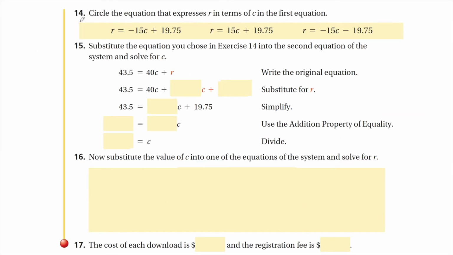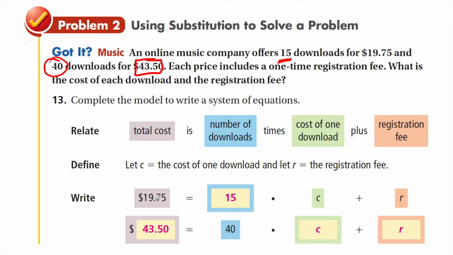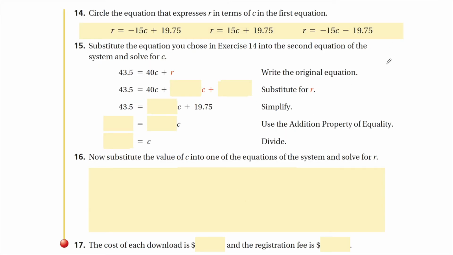So let's take a look at part 14. Circle the equation that represents R in terms of C in the first equation. Now the first equation was $19.75 equals 15C plus R. So if I were to subtract the 15C over to the other side, you'll have a negative 15C, that's the very first part, and we would have a positive 19.75.